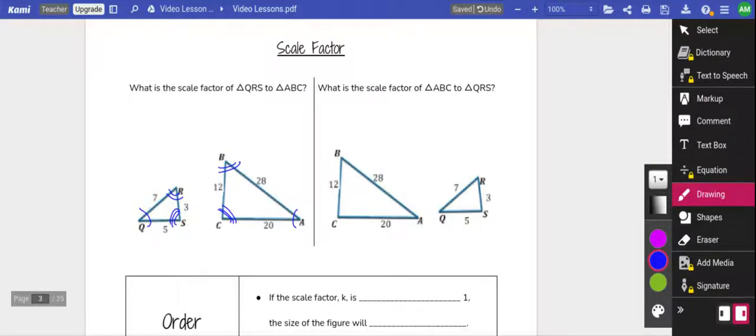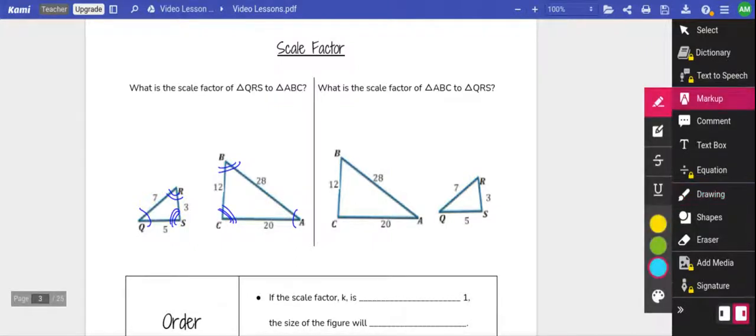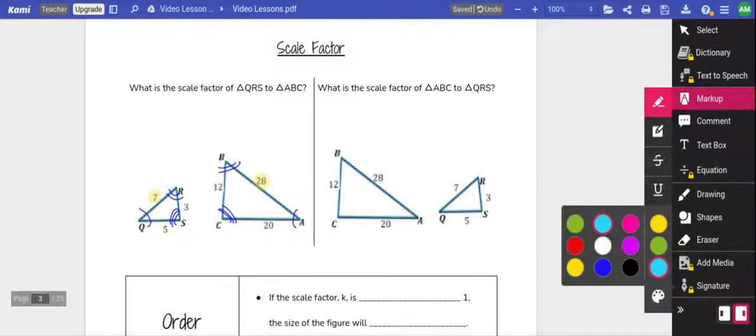Corresponding parts matter. So in order to determine the scale factor, I want to know what number we could multiply by to get from QRS to ABC. So I'm going to just highlight for you one pair of corresponding sides. Here's another pair. And a third.